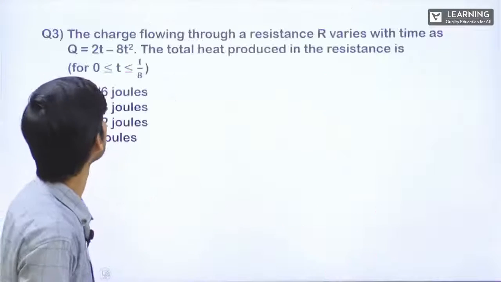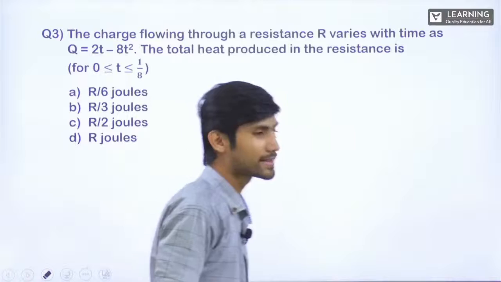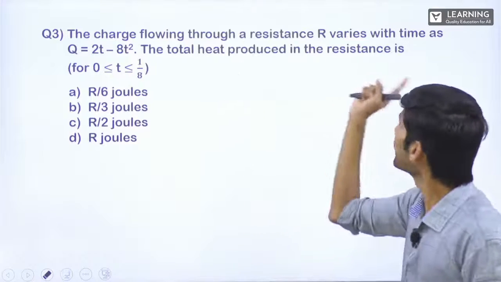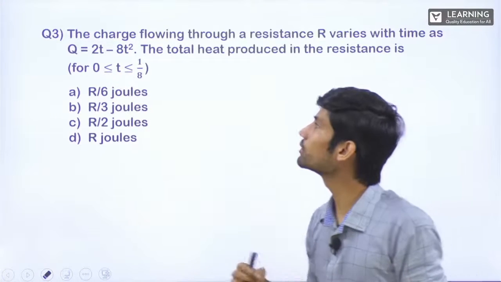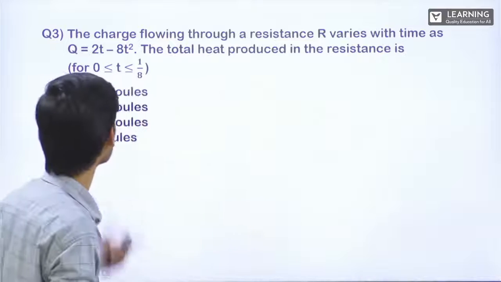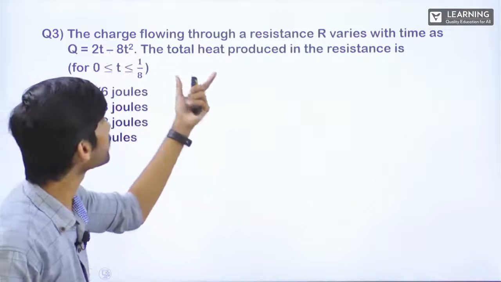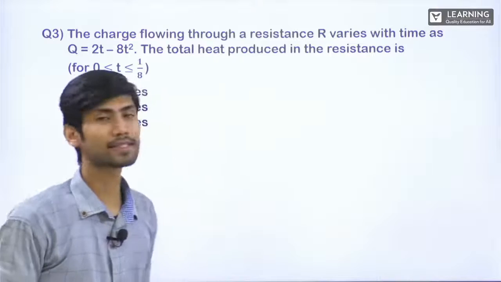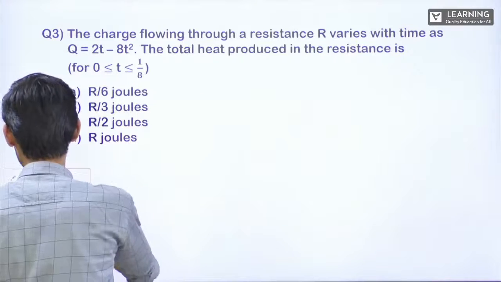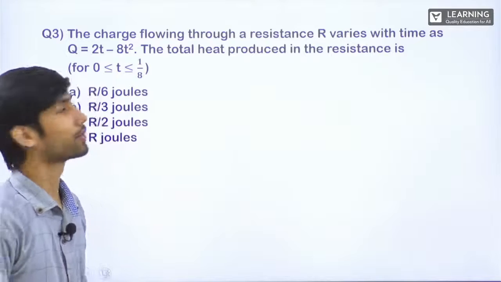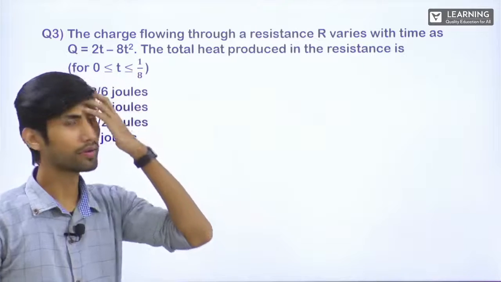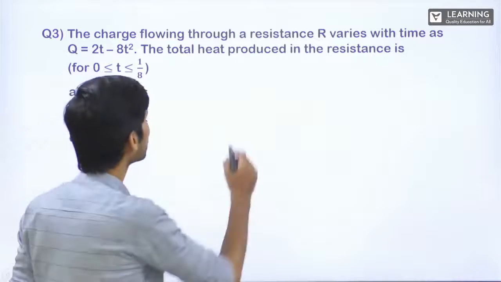Next, the charge flowing through a resistor R varies with time as Q is equal to 2t minus 8t square. So now charge is varying with time, it is time dependent. The total heat produced in the resistance is, how do we do this? First thing, if charge is there, we need to find current. What will be current?